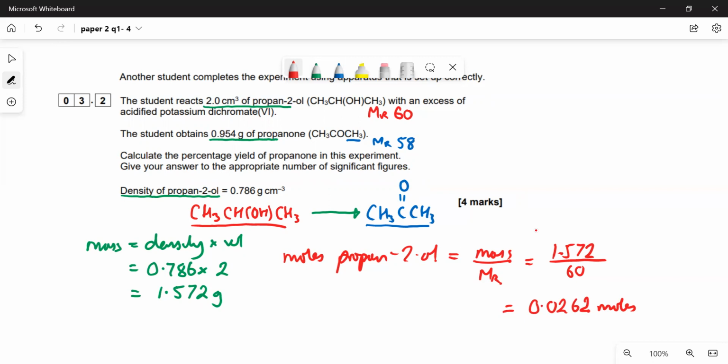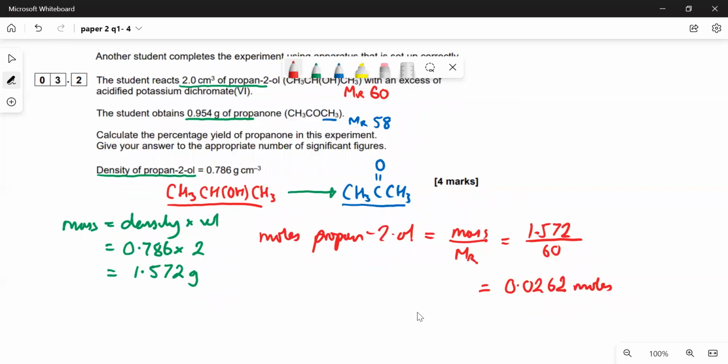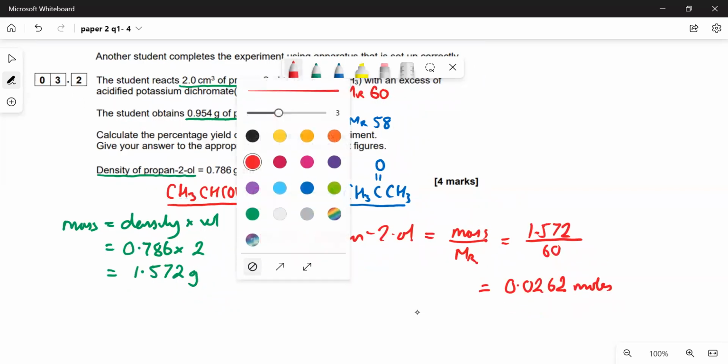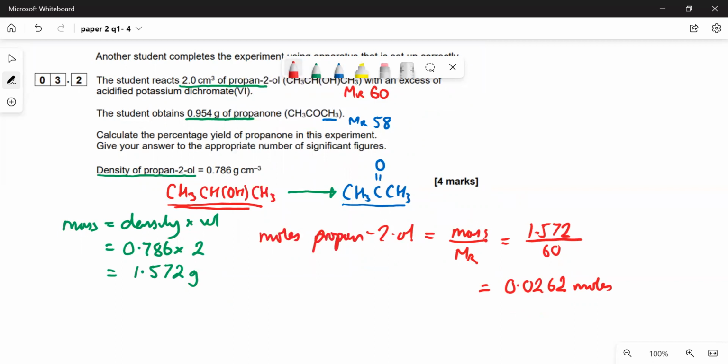Right, now the next thing we need to say is that 1 mole of propan-2-ol gives us 1 mole of propanone. So the moles of propanone is the same. If 100% yield, what should be the mass of the propanone?